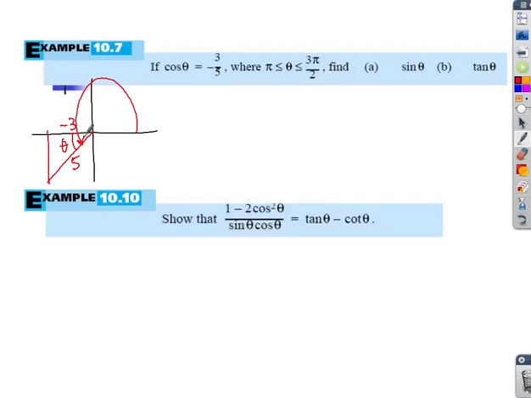Well, to find sine of theta, we need the side opposite theta. And obviously we don't have that, but we can find it. It's a right triangle, you know two of the sides, so it's going to be negative 3 squared plus y squared equals 5 squared.